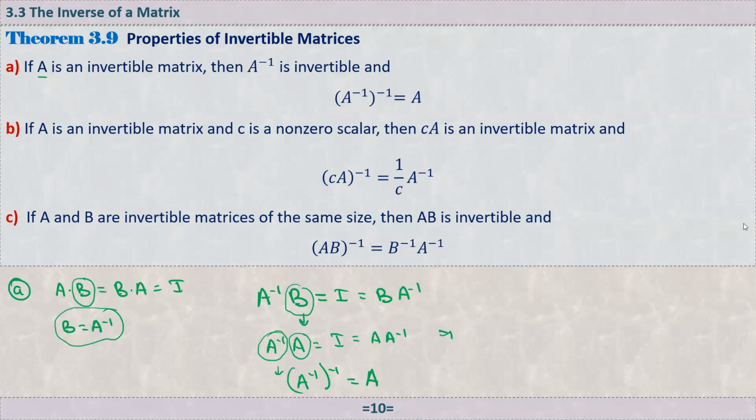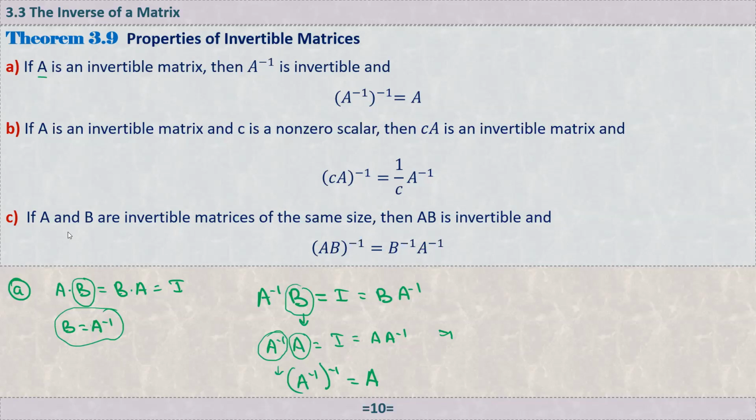The first one says that if A is an invertible matrix, then A inverse is invertible, and the inverse of A inverse equals A. We have already proved this. B: if A is an invertible matrix and C is a non-zero scalar, then C times A is an invertible matrix, and the inverse of C times A equals 1 over C times A inverse.